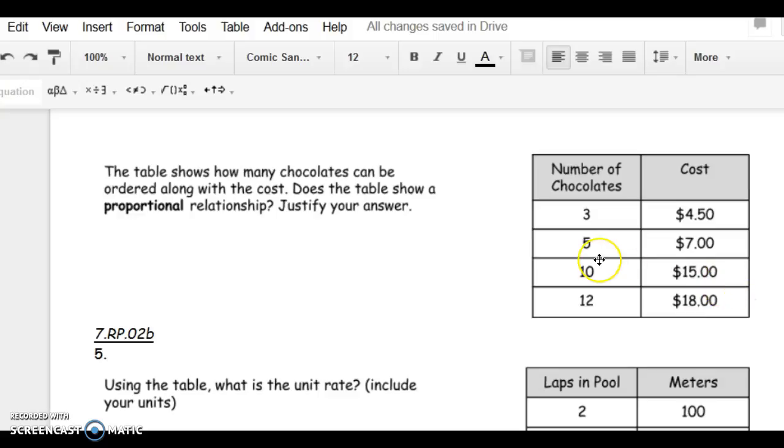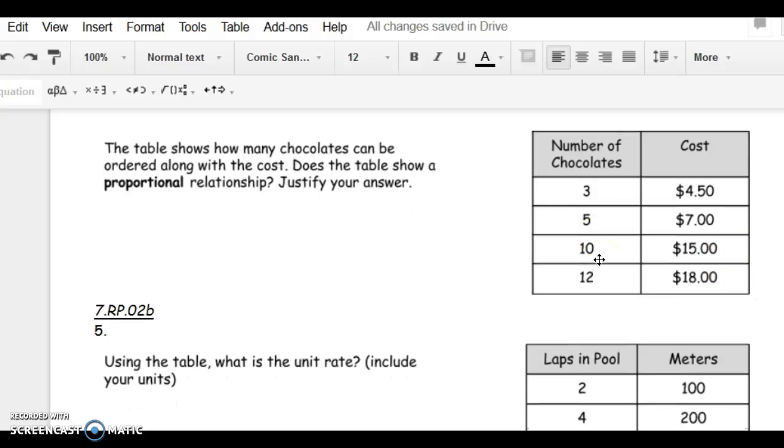So they're different, so it can't be proportional. I don't have to go on.